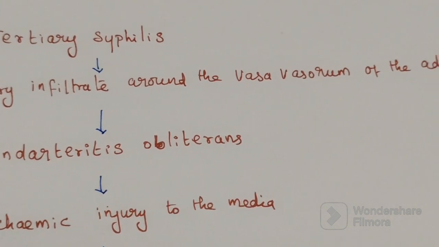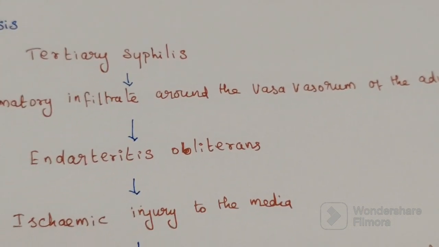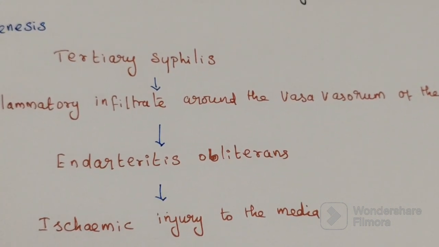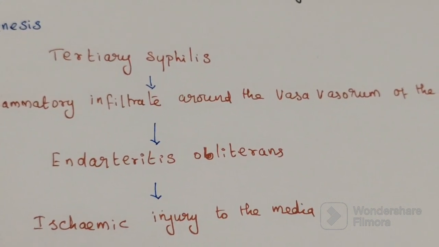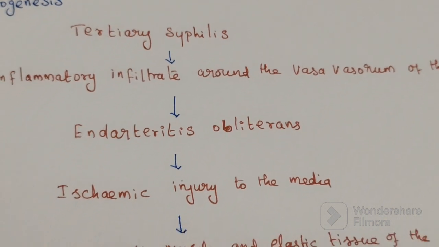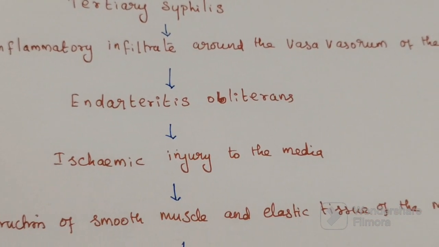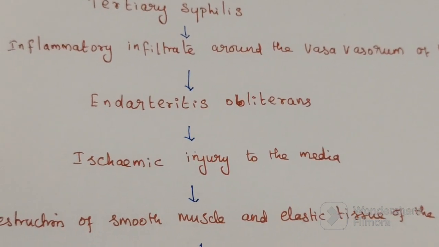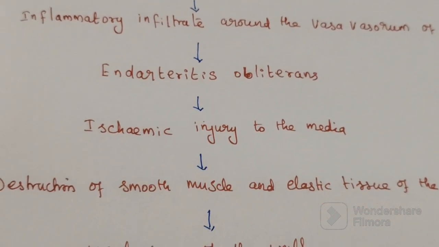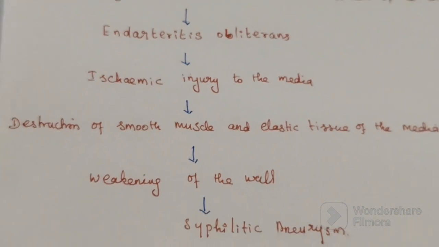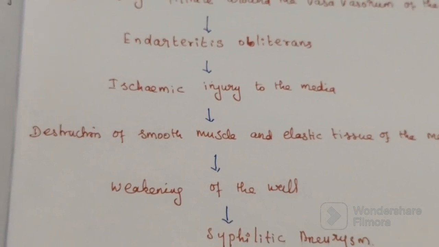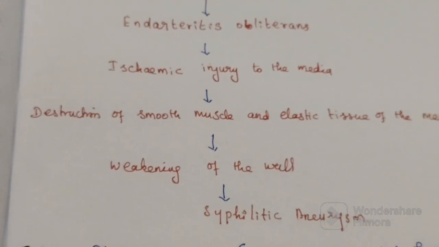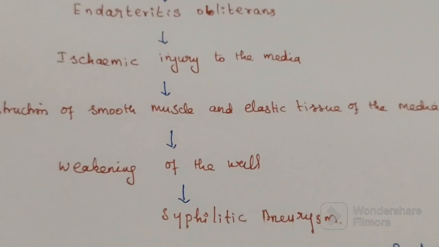It is called endarteritis obliterans. Blood vessels are obstructed. Blood vessels not getting blood. It will lead to ischemic injury. So destruction of smooth muscle cells. The wall becomes weakened, leading to syphilitic aneurysm.